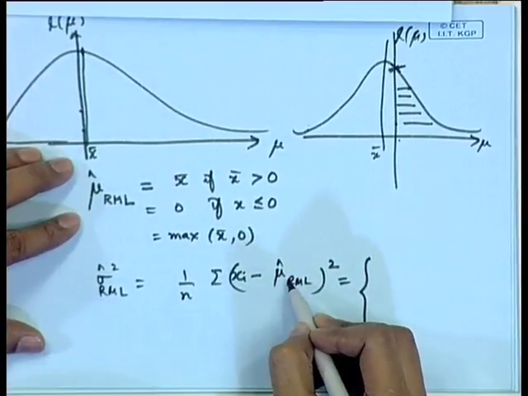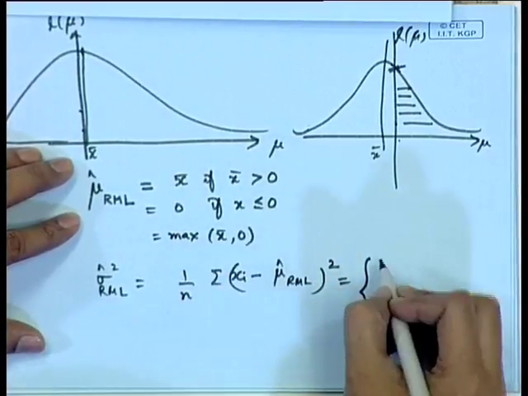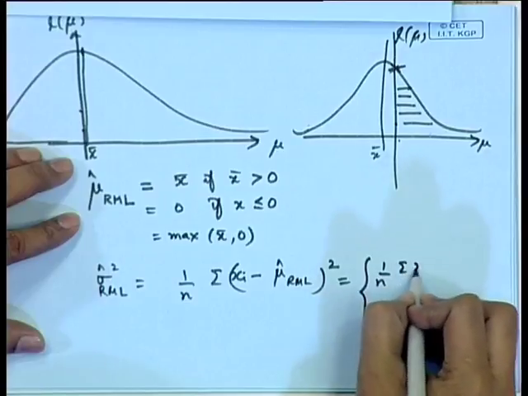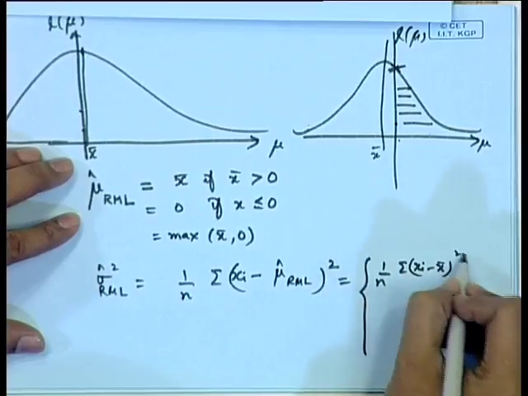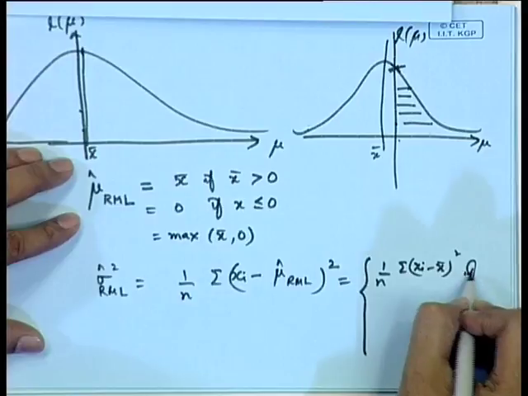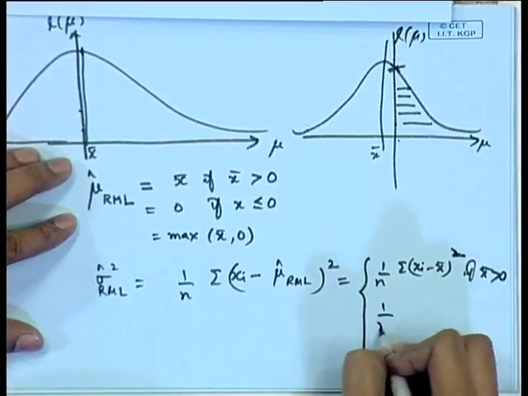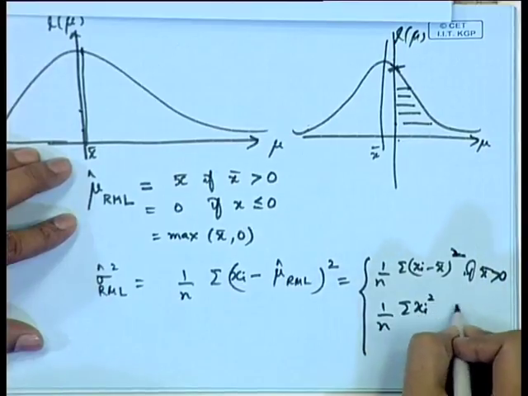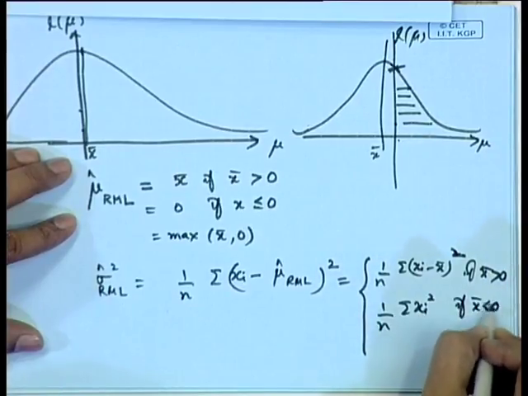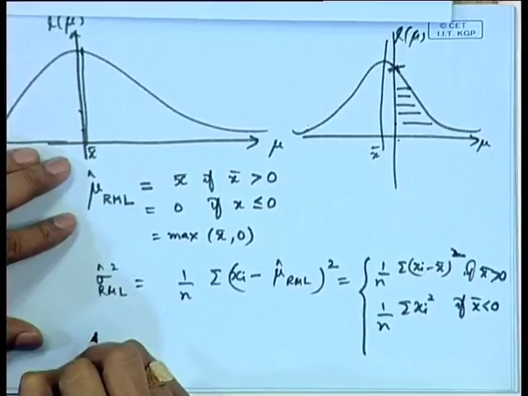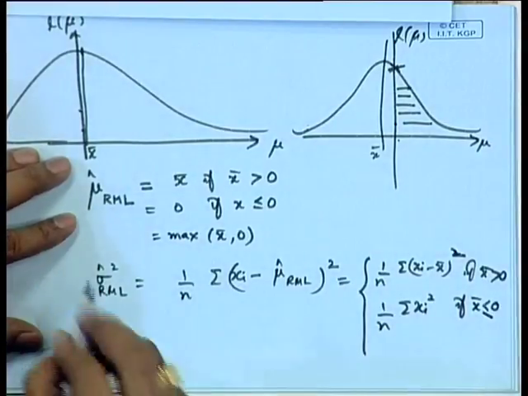When x bar is positive, this is the old one, that is 1 by n sigma (x_i minus x bar) whole square, and it is equal to 1 by n sigma x_i square if x bar is negative or less than or equal to 0.